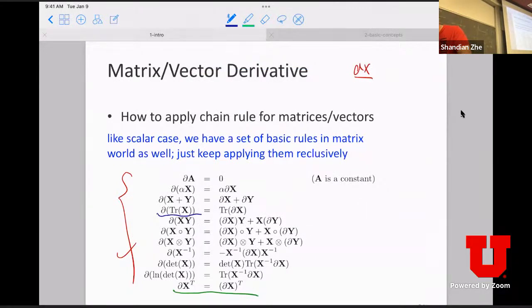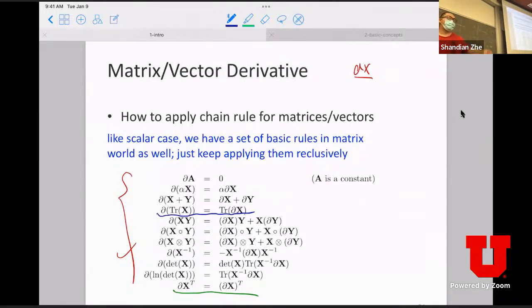From our dictionary, we can find that the rule tells us if we want to take the derivative of the trace function, it is equivalent to taking the derivative inside the trace and then doing the trace. This is quite intuitive.